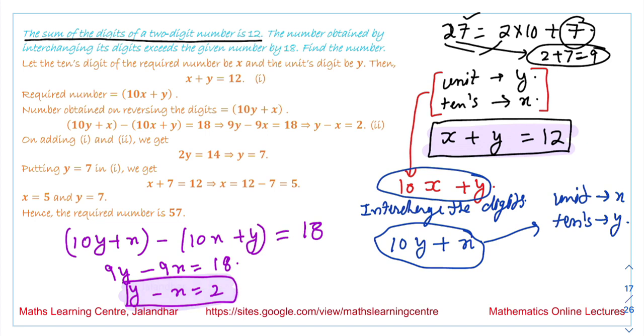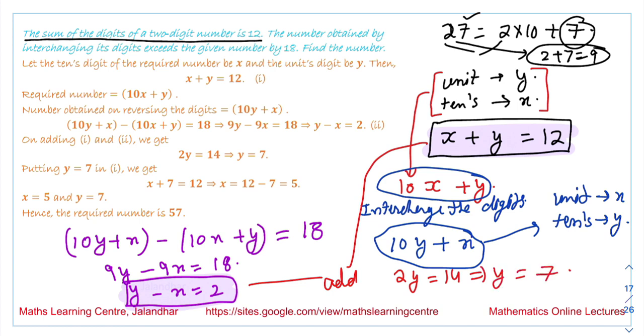If we add both these equations, we get 2y is equal to 14. It means the value of y is 7. If we substitute this value in one of these equations, we get the value of x, which is 5. So we have x is equal to 5 and y is equal to 7.